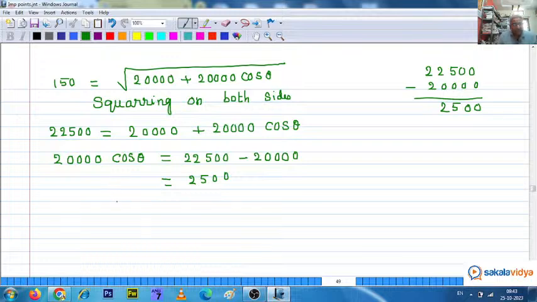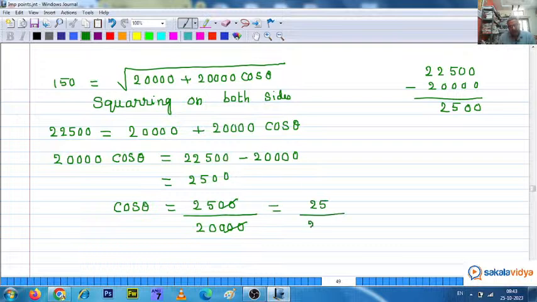Cos theta is equal to 2500 by 20,000 you will be getting. 20,000 means 2 zeros will get cancelled. 25 by 200. 5 5s are 25, 5 40s are 200.